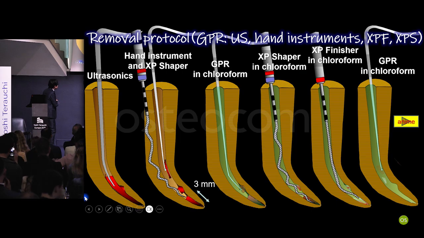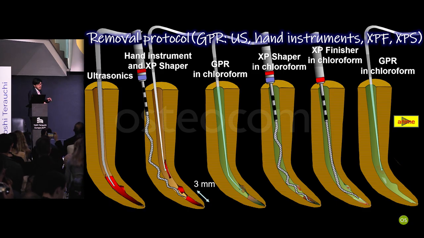So start with the ultrasonic tip, like a TFRK, to create a space between the gutta percha and the root canal wall. Then you will use hand instrument, and then you will use XP endo shaper to remove gutta percha mechanically. Whenever you see the gutta percha remaining 3 millimeters in the apical 1/3, it's time to use chloroform.